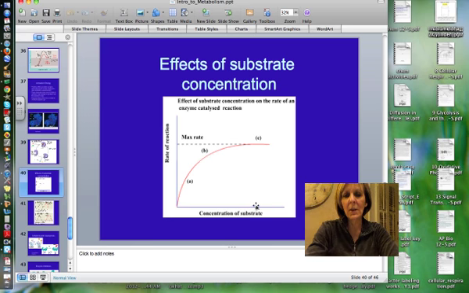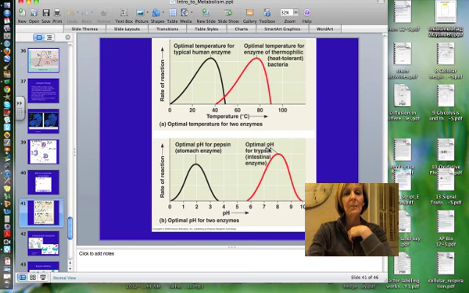But if you increase the substrate, you're going to have a faster and faster reaction until all of the active sites of the enzymes are what we say saturated. And then the speed of the chemical reaction is at its maximum, and we call that Vmax. It can't go any faster because all of the substrates are already saturating the active sites of the enzyme.